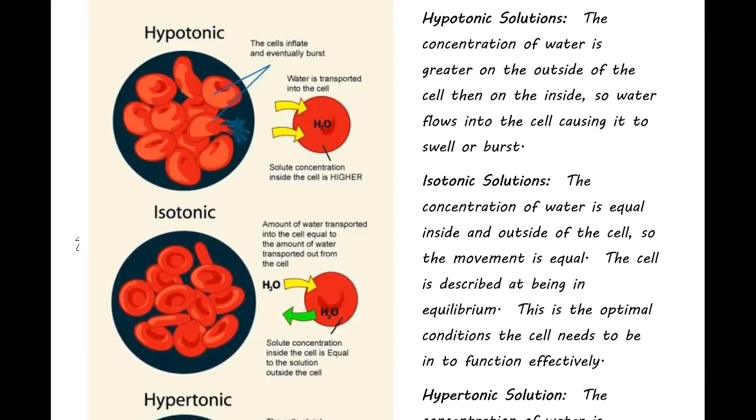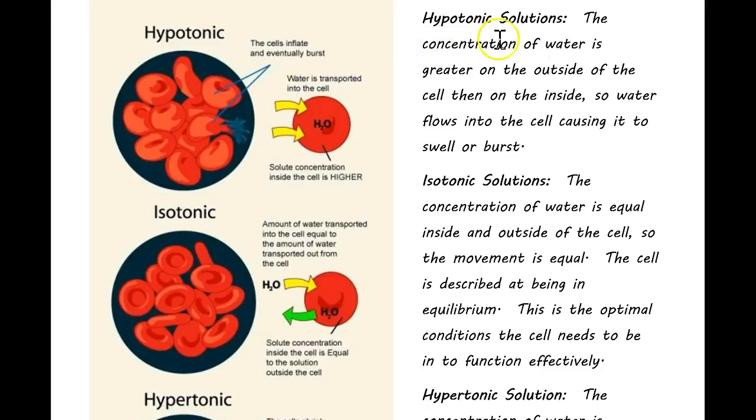So I liked this illustration. We're going to start with the hypotonic solution. And in a hypo, when we think of hypo, think of a hypodermic needle, okay? When you get a needle, it's going to go into your cells. Tonic means solution.